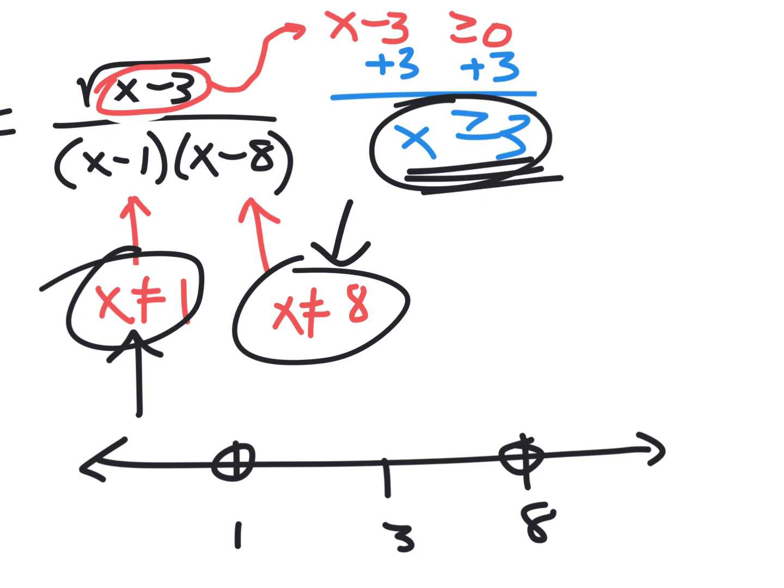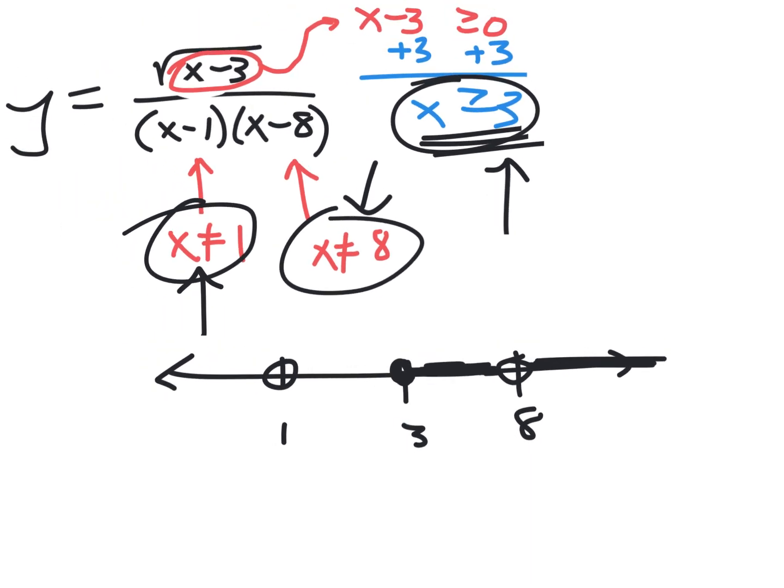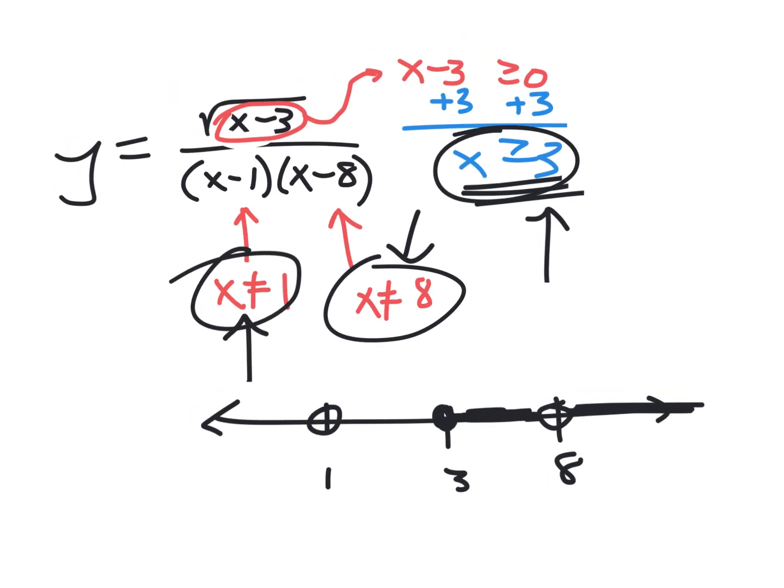It can be 3 or bigger than 3, and now the debate will come because some kids will say, I should darken in the 8 now because it's bigger than 3, so shouldn't it be darkened in? No, because, just think about it. Just ask yourself about the 8. Can I put 8 into this thing?